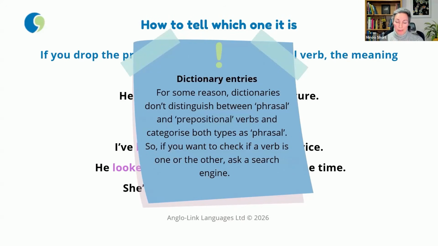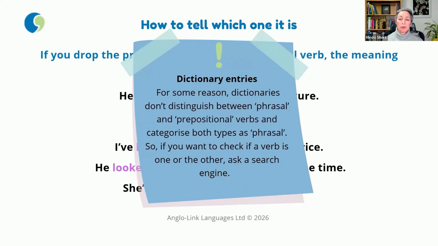So if you look up, for example, give up or listen to, they're both categorized as phrasal verbs, whereas, as I've just explained, one is phrasal, the other one is prepositional. And hopefully with my tip, you know how to distinguish between them. But if you really don't know and want to know, is this phrasal or prepositional, you need to ask a search engine. Ask the question, is this a phrasal verb or a prepositional verb?